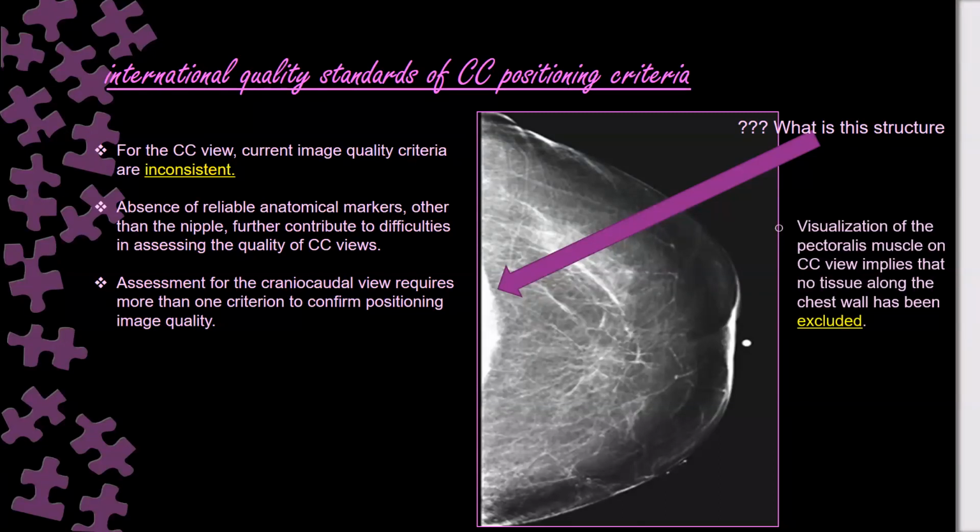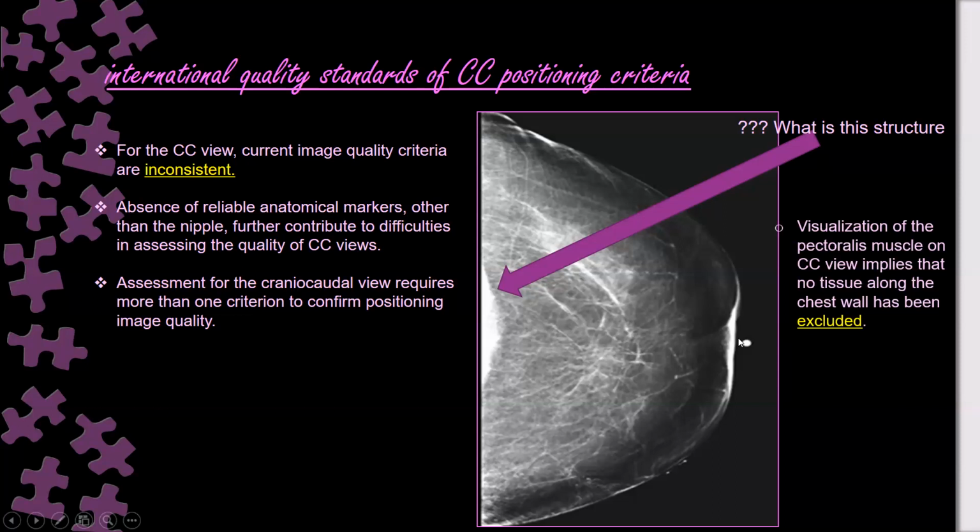Generally, the criteria for the CC view are inconsistent. Why? Because the only consistent anatomical marker for the CC view is the nipple. Okay, that is the only one, and it is in the anterior part of the breast. We cannot take it as a marker to make sure of complete inclusion of the breast tissue, but it can help.